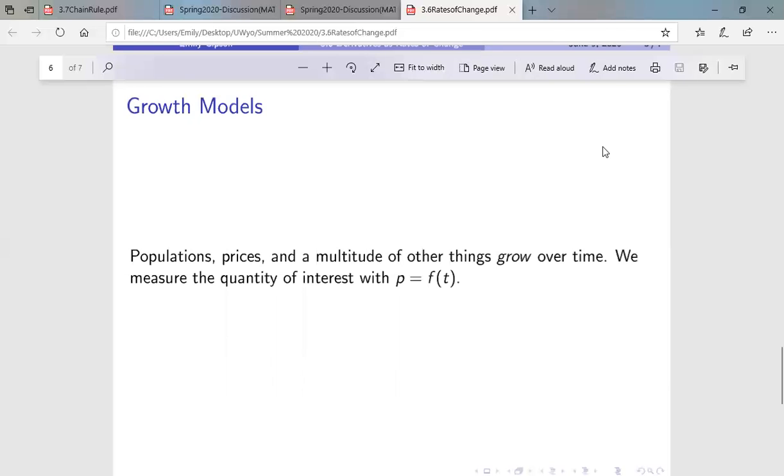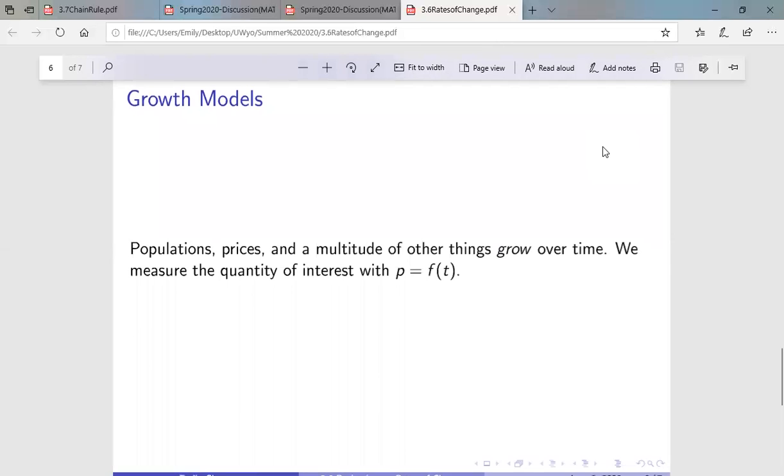So we can also talk about growth models. Calculus isn't only limited to what we can do in physics. We can also apply it to biology, economics, and many other fields that you'll see as you take more classes here at UW. So populations, prices, and a multitude of other things grow over time.